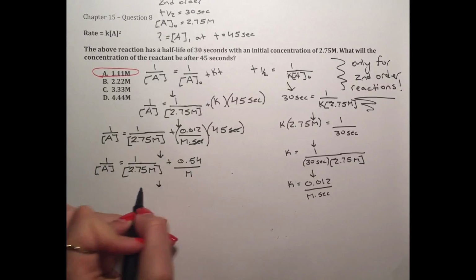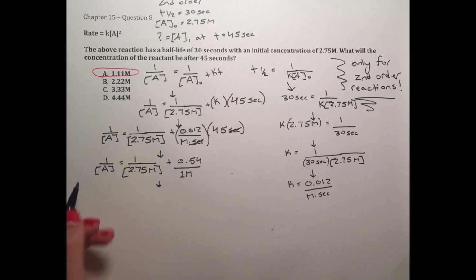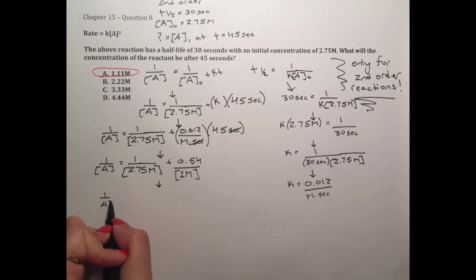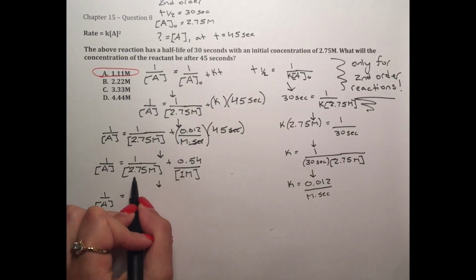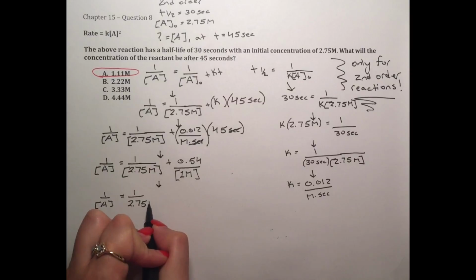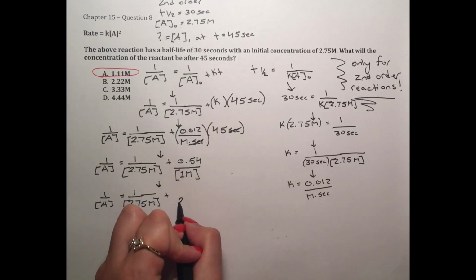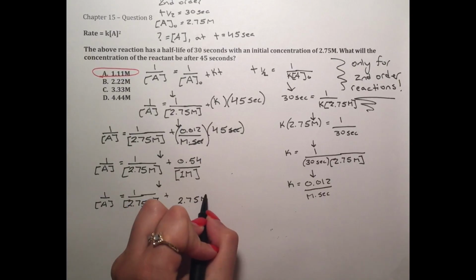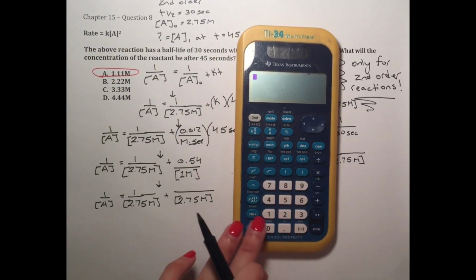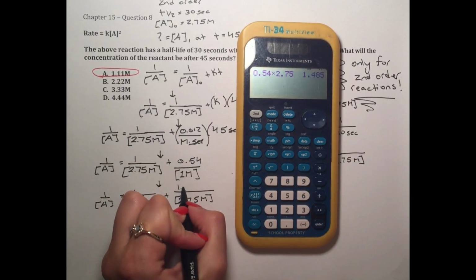Alright, so now what we need to do is find a common denominator. We have 1 here, and we have 2.75 here. So the easiest thing to do would be to make this denominator 2.75. So we have 1 times 2.75 is 2.75. And what we do to the denominator, we must do to the numerator. So we have 0.54 times 2.75, and that gives us 1.485.